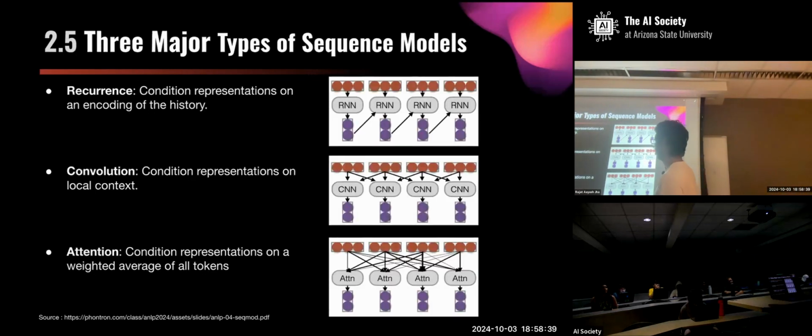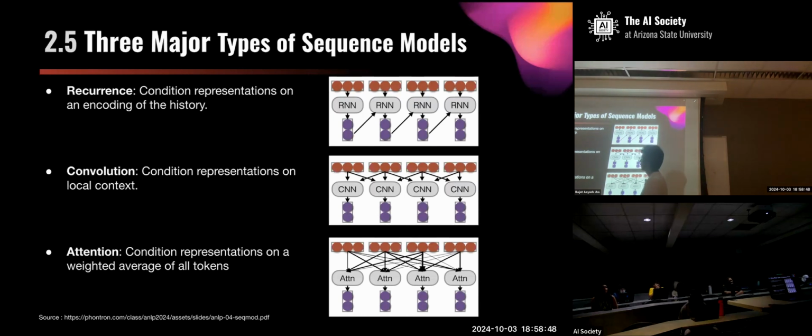Here we'll go over three major types of sequence models, and all these are autoregressive, like the unconditioned sequential prediction problems. There are more types of sequential models, but these three are the major categories. First is recurrence. You have an input embedding, a dense embedding, and a model, say a CNN, and it gives a certain output.